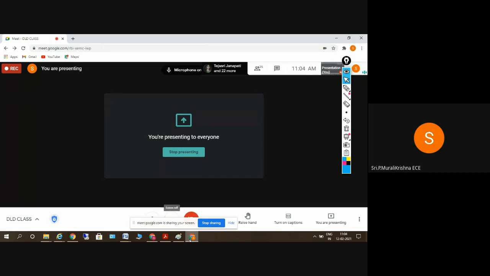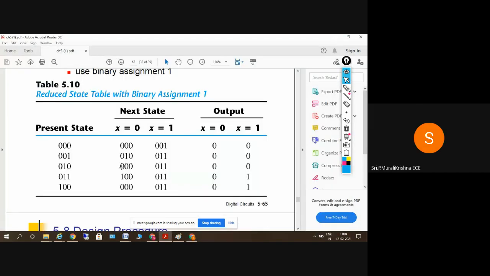So this is state assignment, assigning binary values to the present states here.